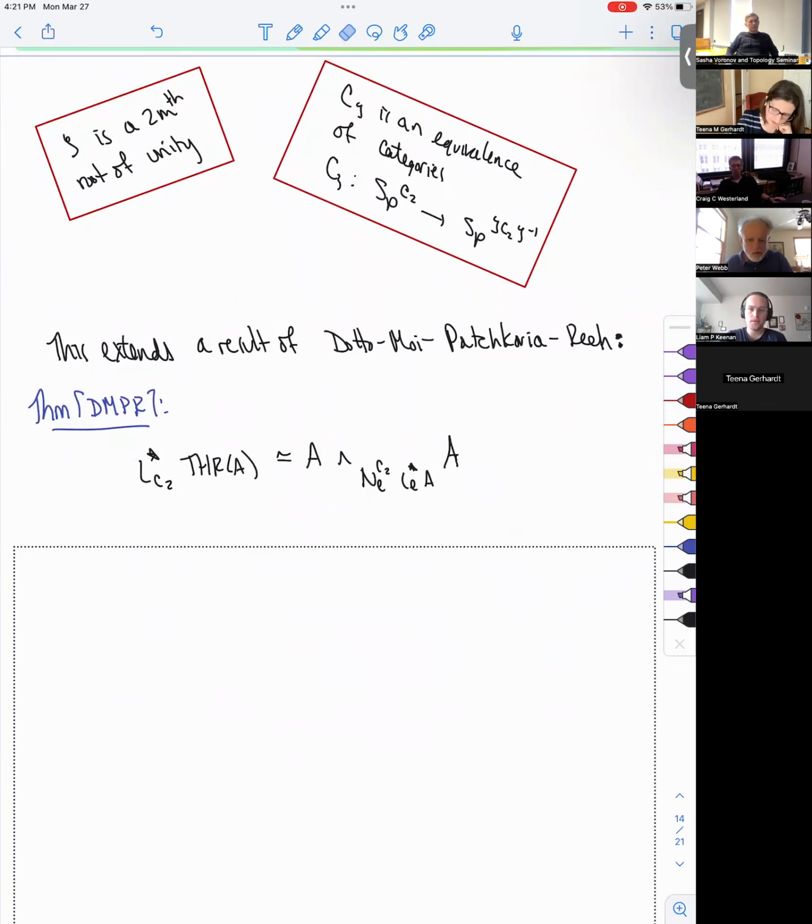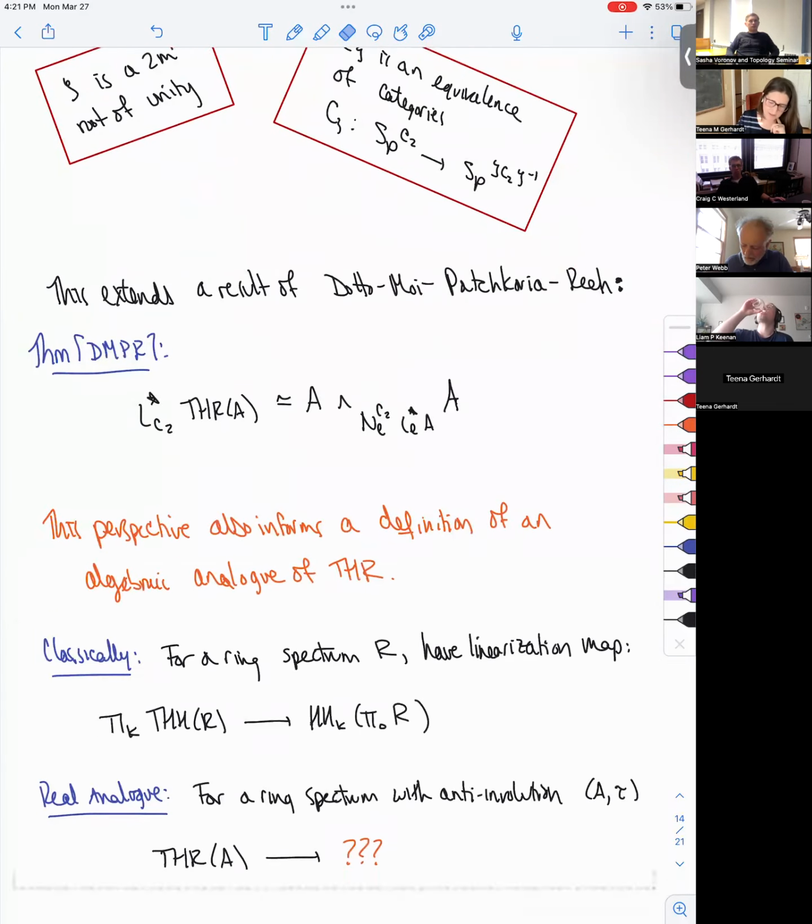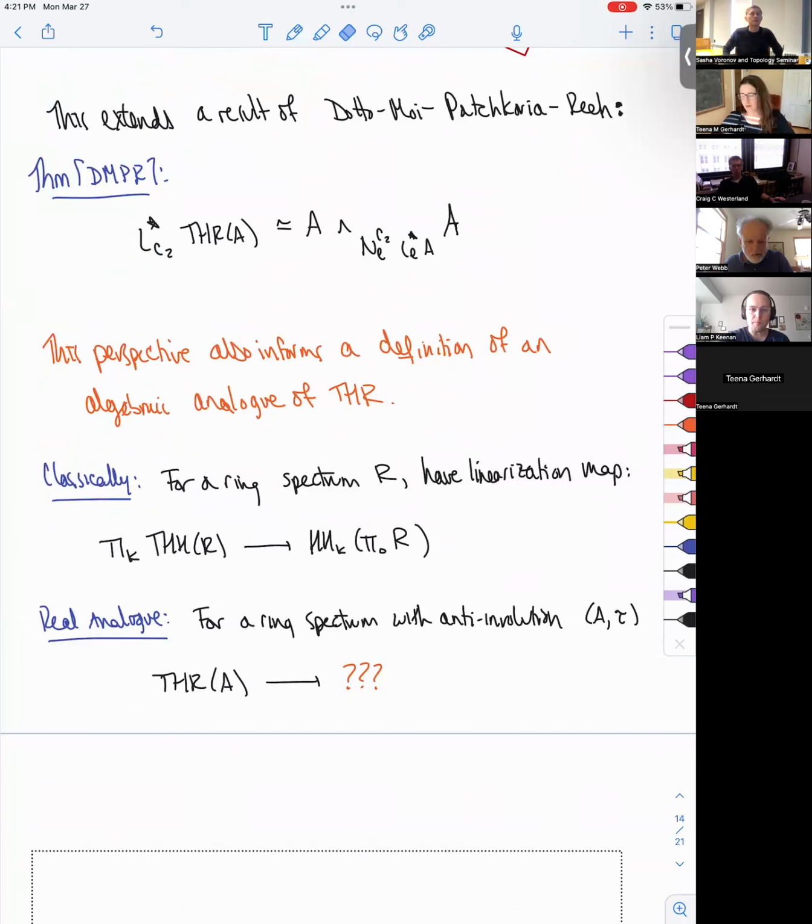Okay, so this perspective, I was really after this algebraic analog, and I claim that this perspective helps us somehow with our algebraic analog. So how do we see that? Classically, we had this linearization map, and with the real analog, I'm trying to figure out what is the algebraic analog of THR. If I do linearization, what does it map to?